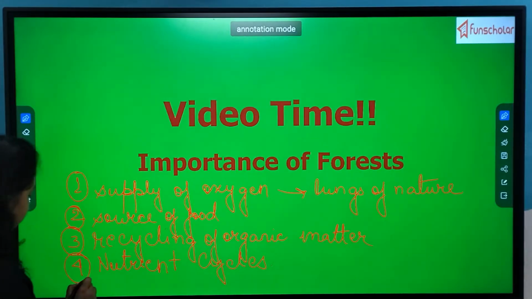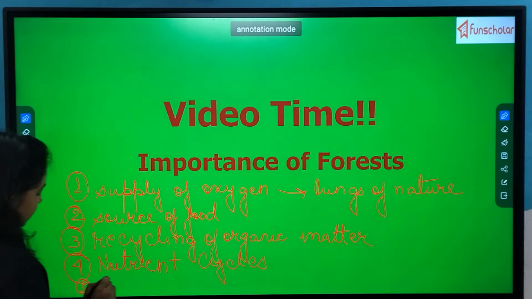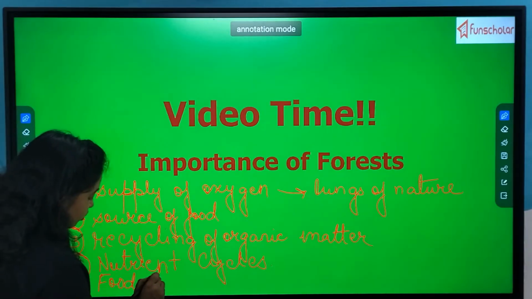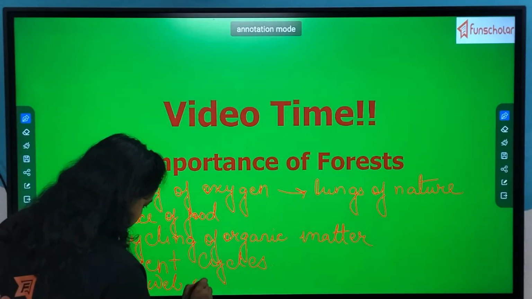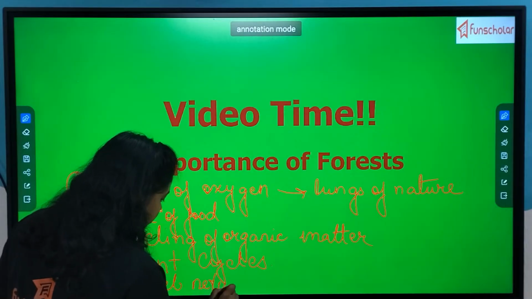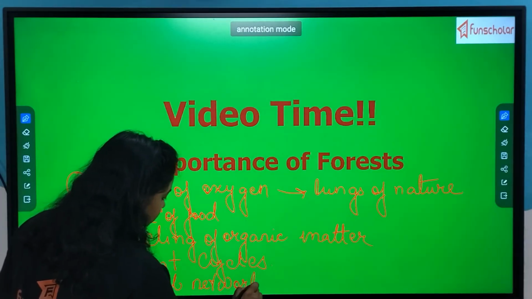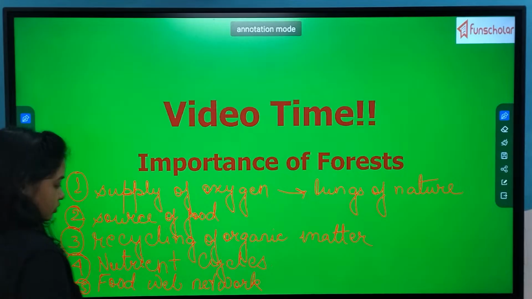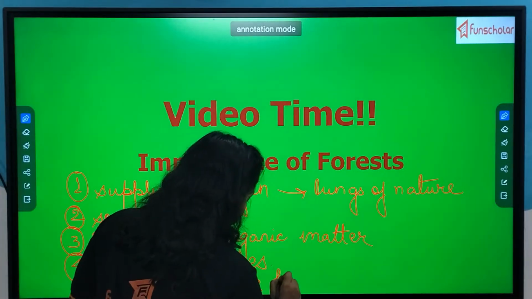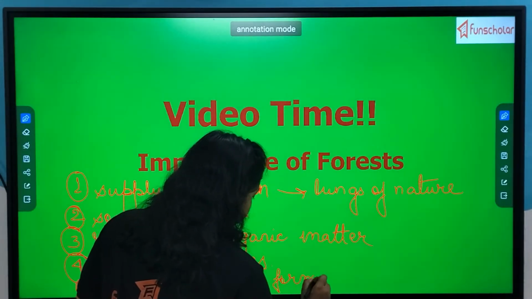And also in the forest, food web network formation.